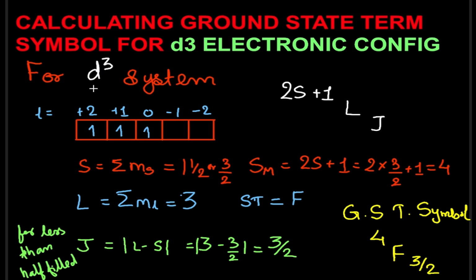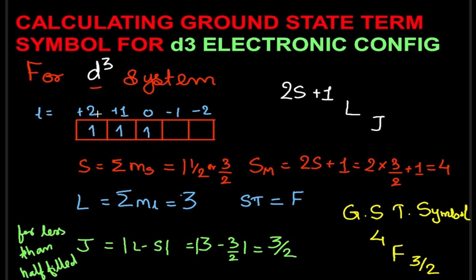Moving on to the d3 system. For the d3 system, there are 3 electrons in the d orbital, one each, so the spin becomes 3 by 2, and hence the spin multiplicity becomes 2 into 3 by 2 plus 1, which gives us 4.